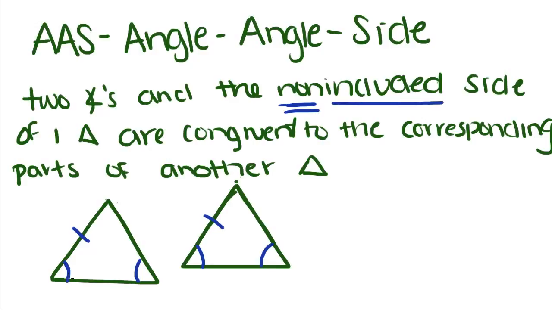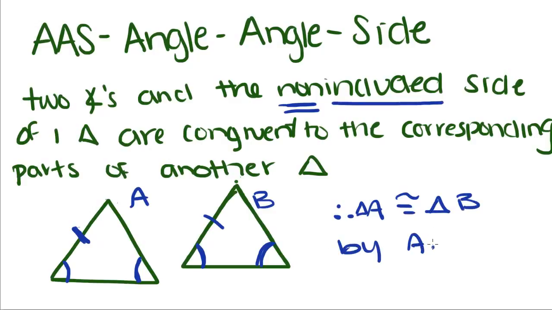So I know that this is congruent to this is congruent to this, and that this side, which does not fall between these two angles, because that would be angle, side, angle, and this side, which does not fall between these two angles, are congruent. Therefore, triangle A is congruent to triangle B by angle, angle, side.